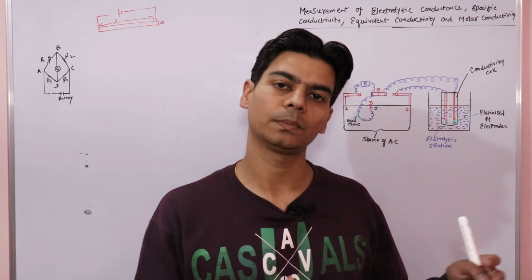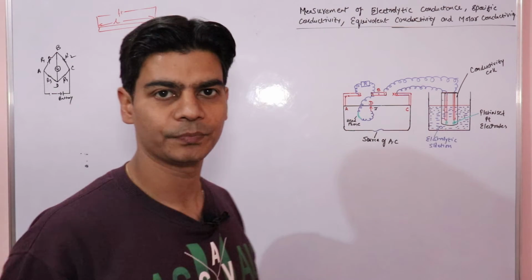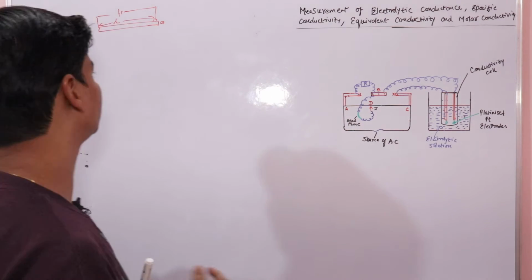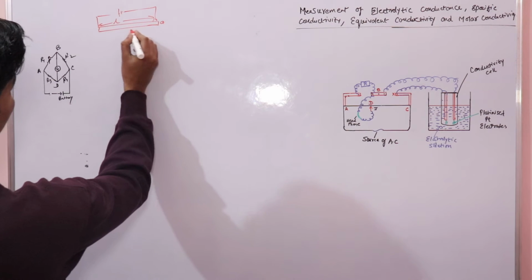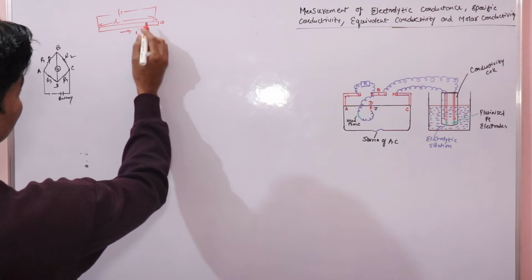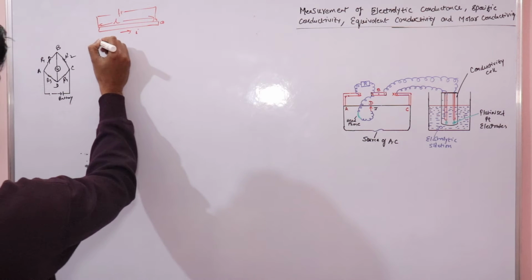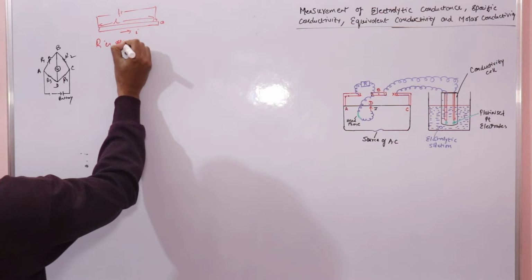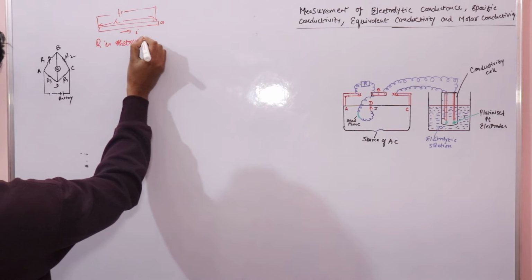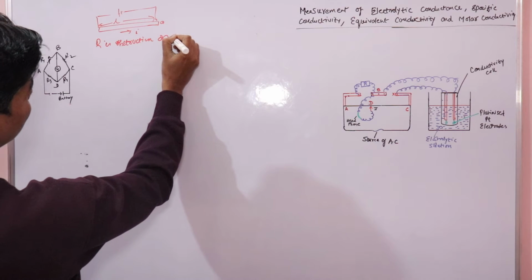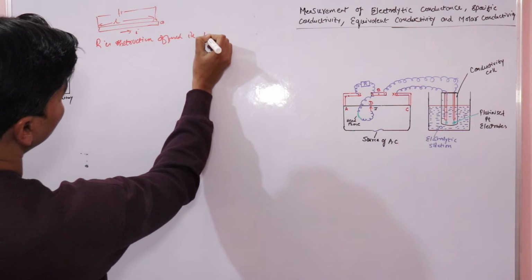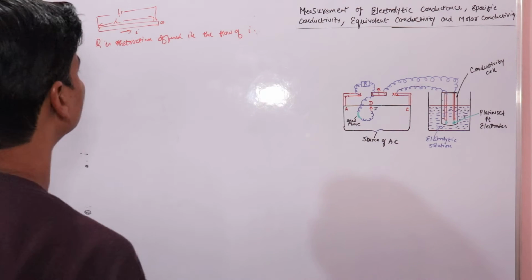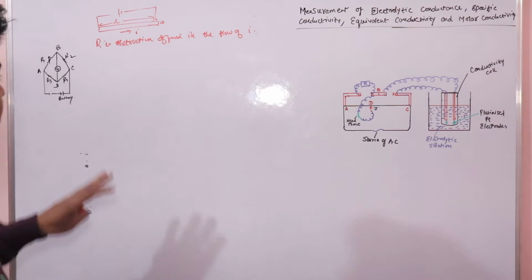That obstruction is known as resistance, denoted by R. Current is denoted by I.